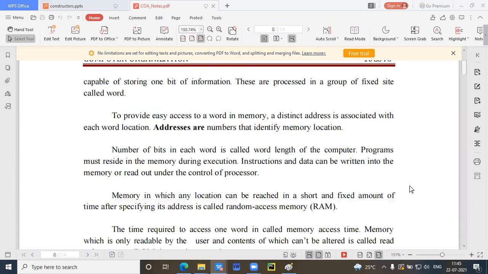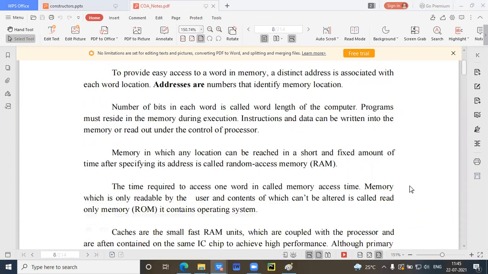To provide easy access to a word in memory, a distinct address is associated with each word location. Addresses are numbers that identify the memory location. The number of bits in each word is called the word length of the computer. Programs must reside in the memory during execution. Instructions and data can be written into the memory or read out only under the control of the processor.